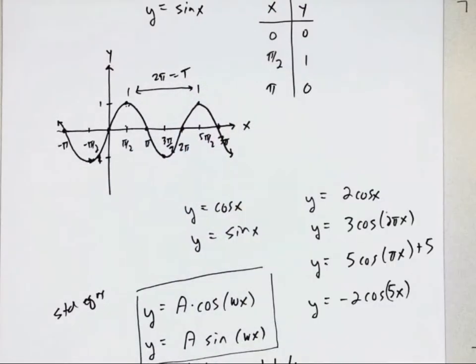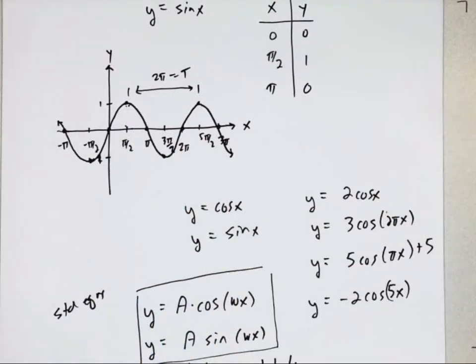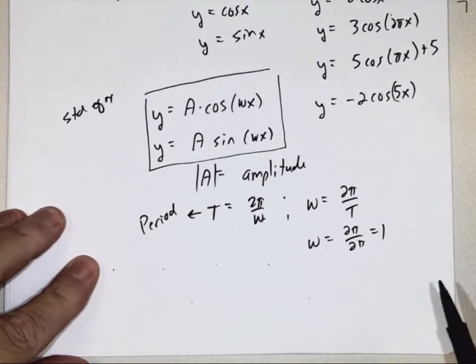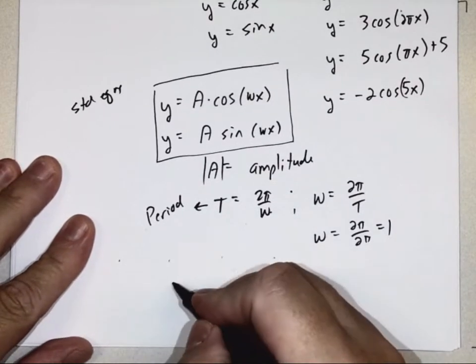The period is how long it takes for the graph to start repeating. And when you figure out that period, that gives you a way to calculate this omega. And then since you know A and omega, you're able to actually determine the equation. So basically we have two things. We have equations and graphs.